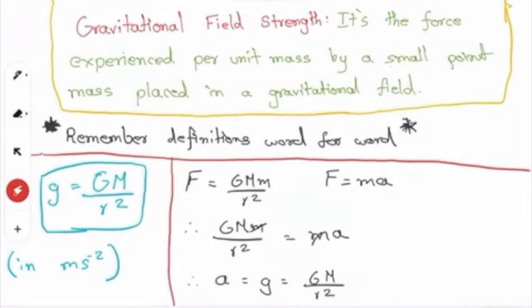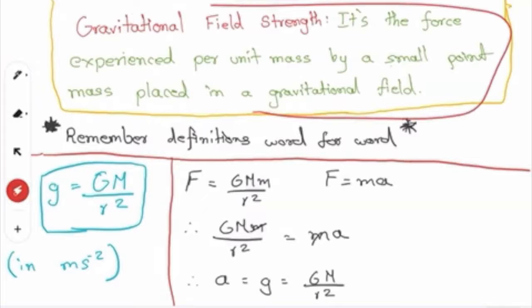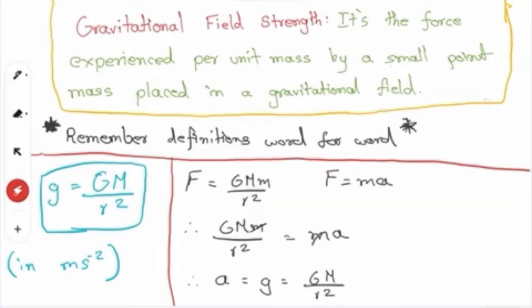Now, gravitational field strength. So this right here is a very important definition that should be remembered. It's basically the force experienced per unit mass by a small point mass placed in a gravitational field. So this is the formula for it, g = GM/r².